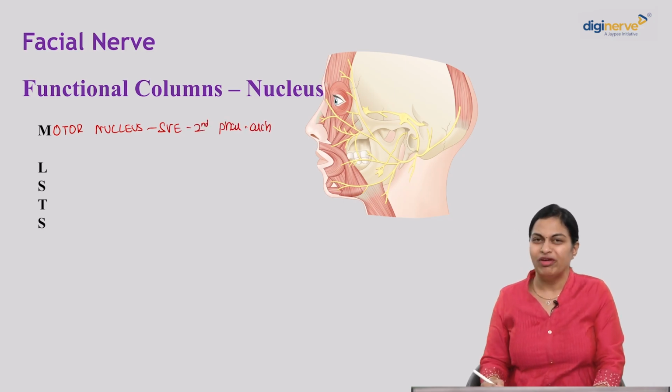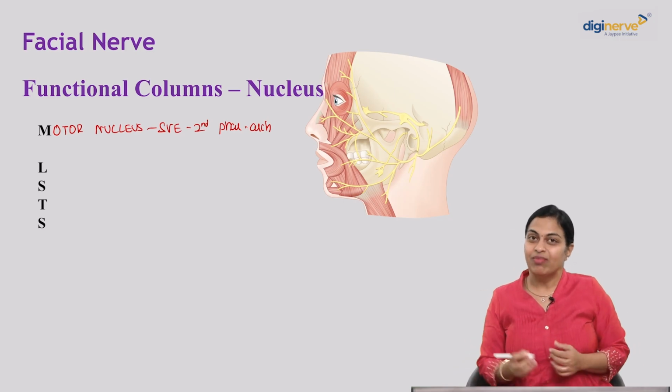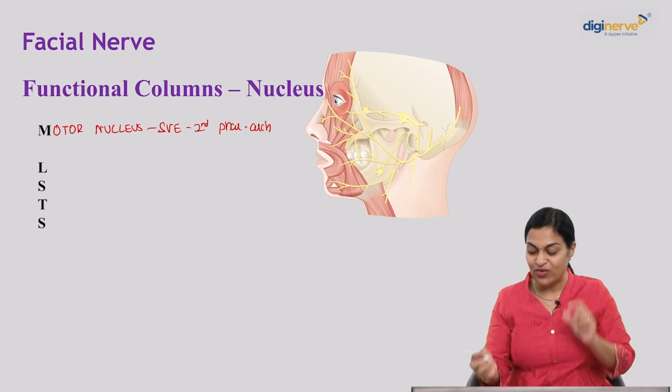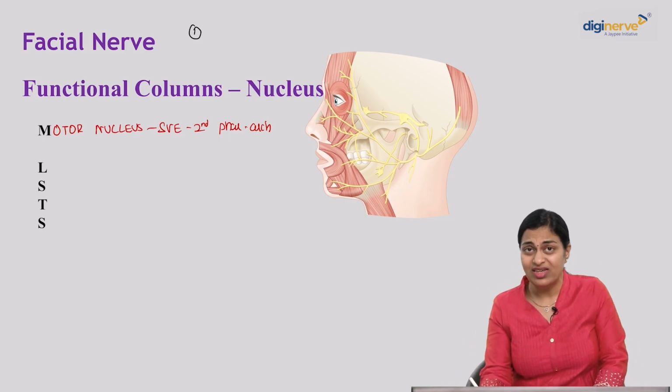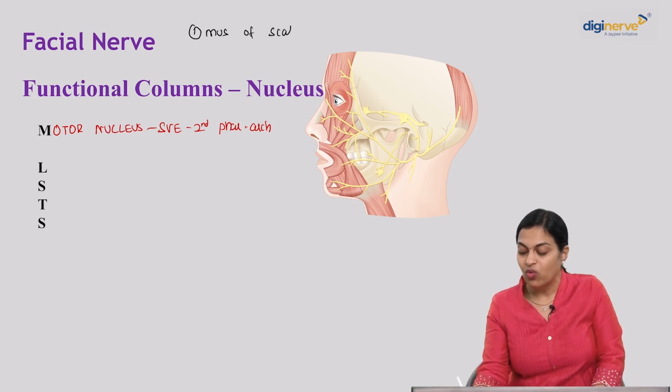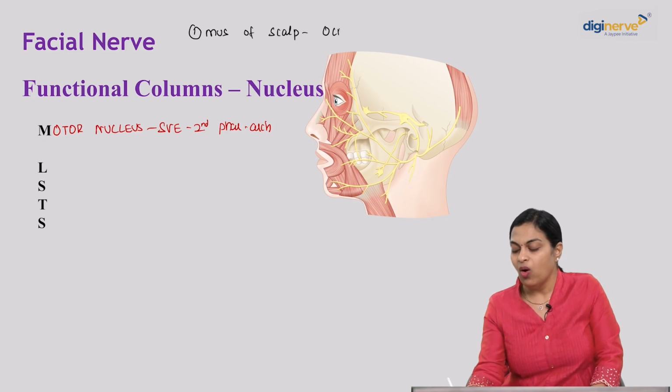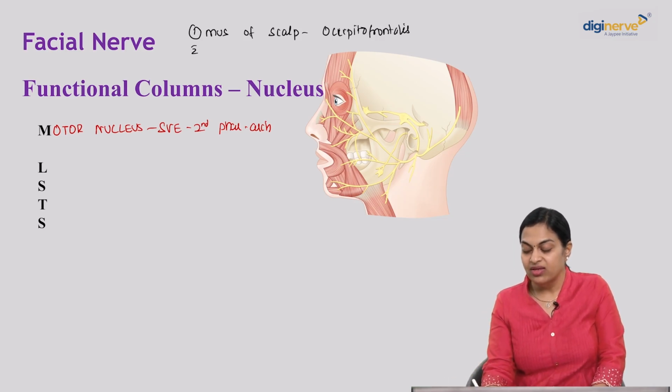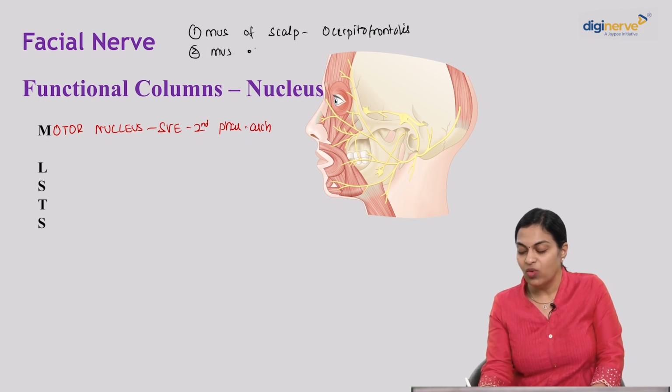Can I teach you a very easy clue to remember the muscles innervated by facial nerve? Yes, you write it with me. The facial nerve innervates the muscles of scalp. What are they? Occipitofrontalis. Right? The muscles of auricle, what were they? We saw it, right?